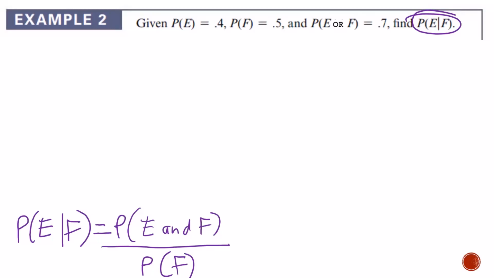So if I have these two quantities, I can easily find out E given F. But there is an issue. What's the issue? Why can't I just start plugging in numbers and getting my correct answer?